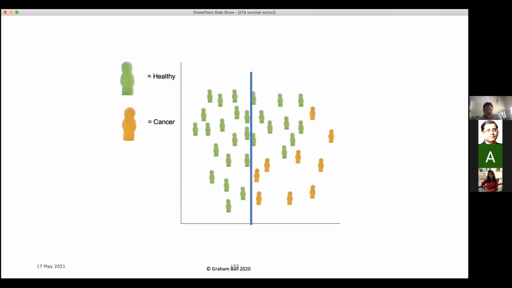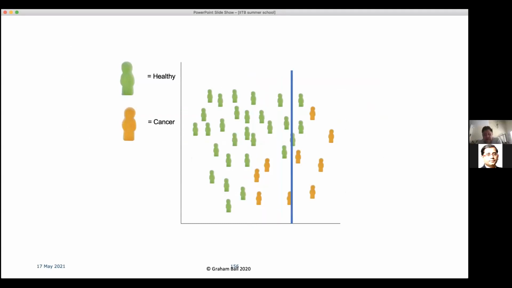So if we go back to our mixed population, we have here the derivation of the first rule. So you can see what it's doing is moving this horizontal line, which is taking the value of X until it gets to a point where it has a mixed class, which is here on the right-hand side, and a pure class, which is on the left-hand side.